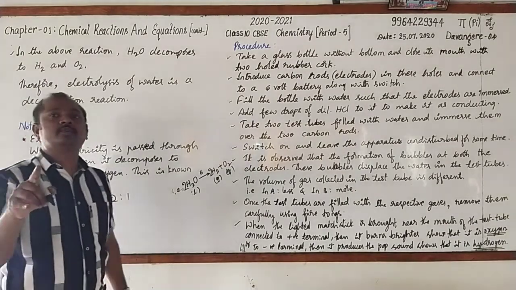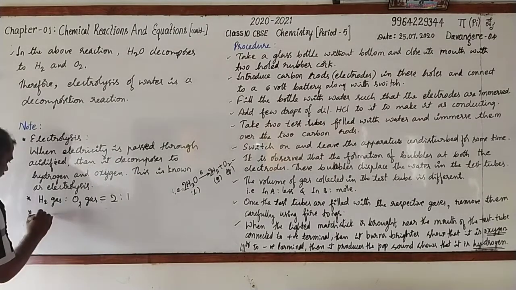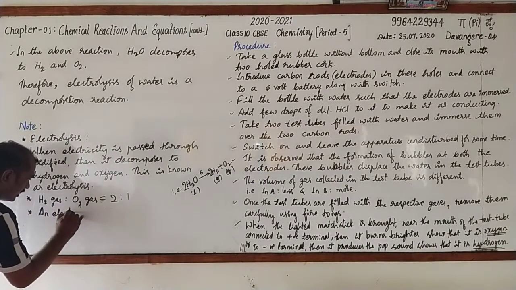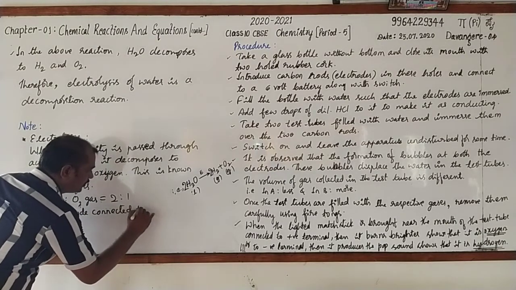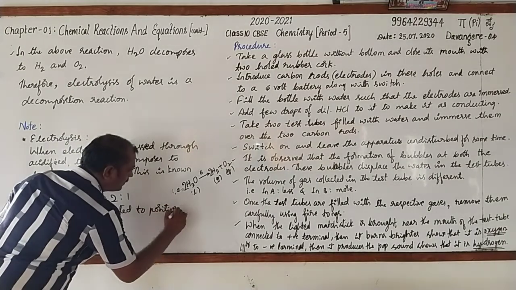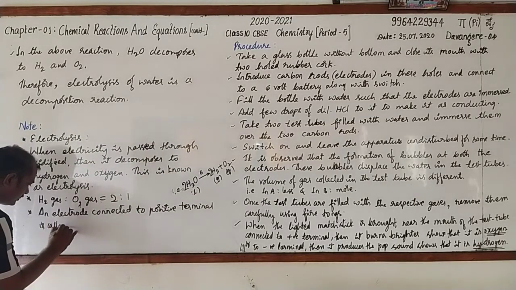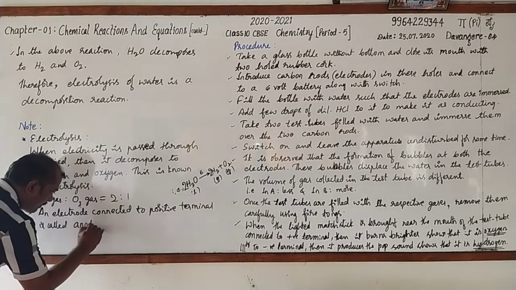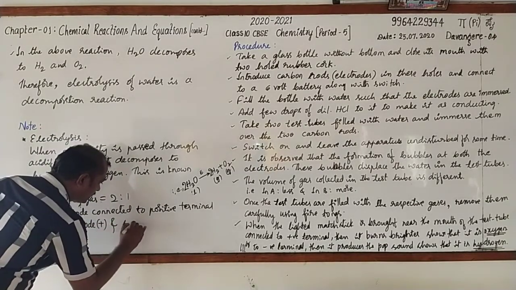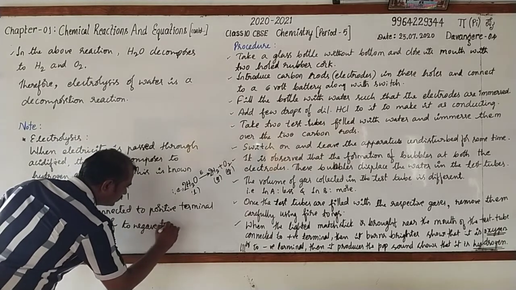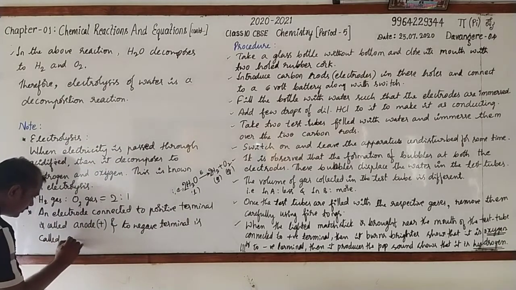Next, another one. What do you call the electrode which is connected to the positive terminal? It is anode. Here I'll write: an electrode connected to the positive terminal is called anode, and the negative terminal is called cathode.